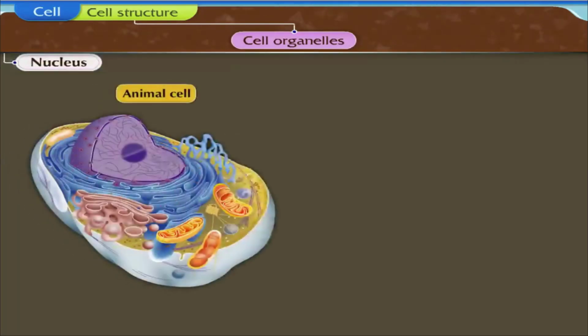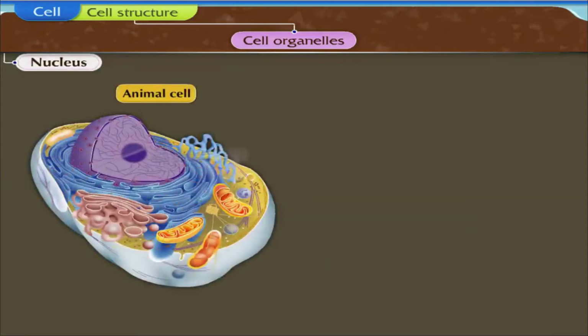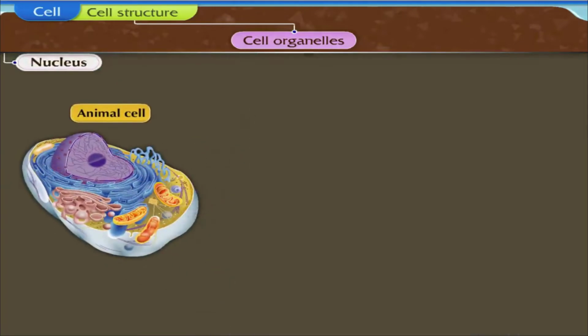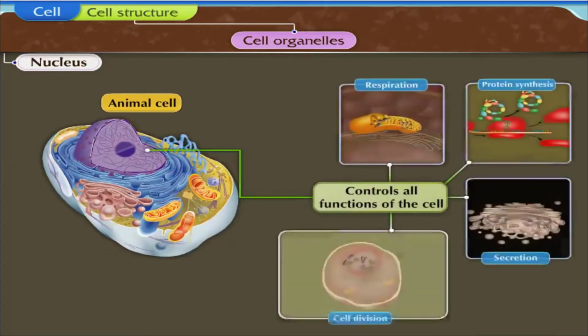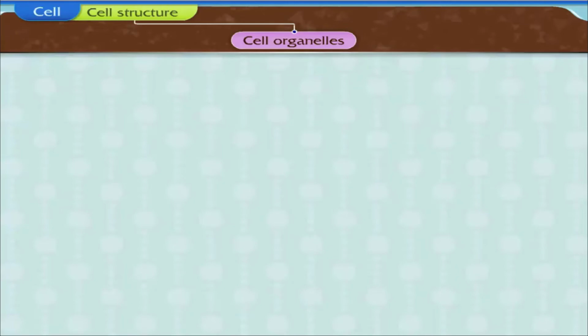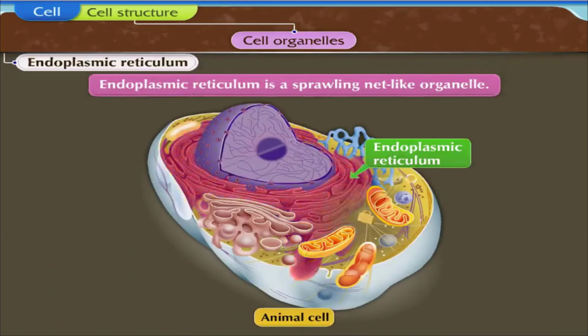Nucleus. Nucleus is the most important organelle of the cell. There is a porous double membrane around it. The nucleus controls all functions of the cell. Endoplasmic reticulum. Endoplasmic reticulum is a sprawling net-like organelle.